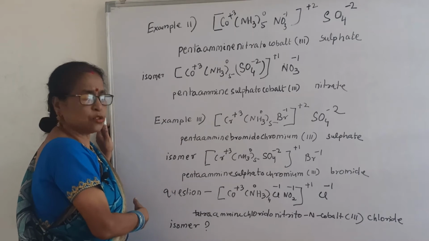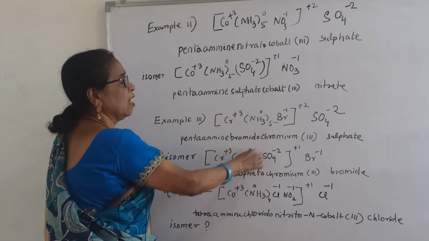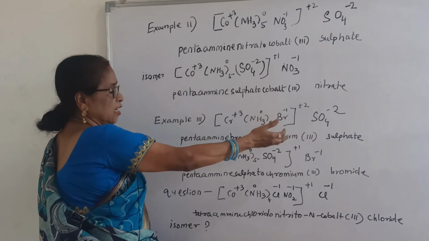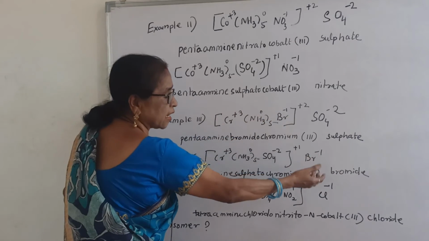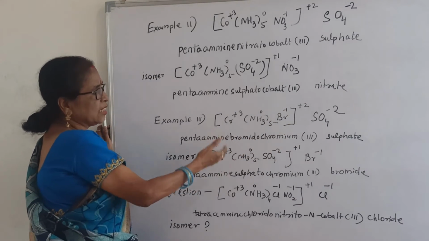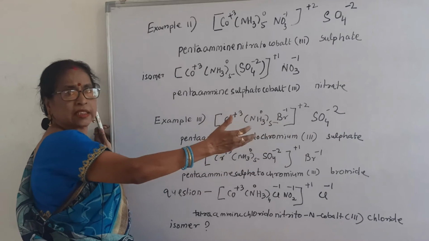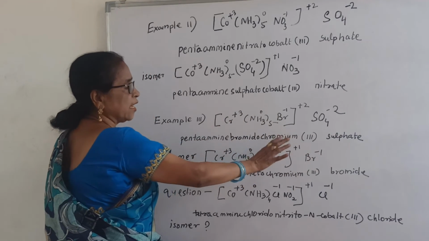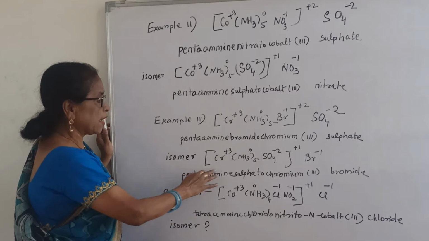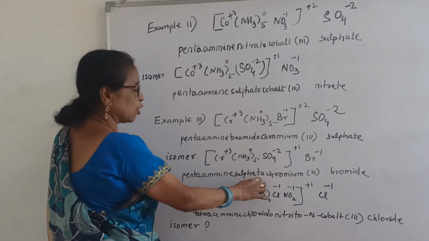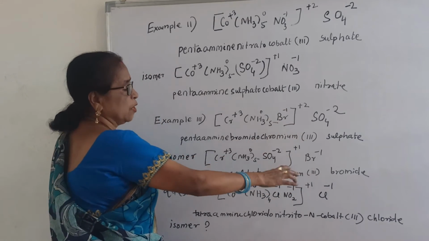Then what is its isomer? Chromium is surrounded by 5 ammonia, and sulfate which was outside here comes inside as a ligand, and bromide, which was a ligand, acts as a counter ion outside. Then what is the difference? Here sulfate gives the acid radical test, and here bromide gives the acid radical test. Pentamine sulfato chromium Roman numeral 3 bromide.